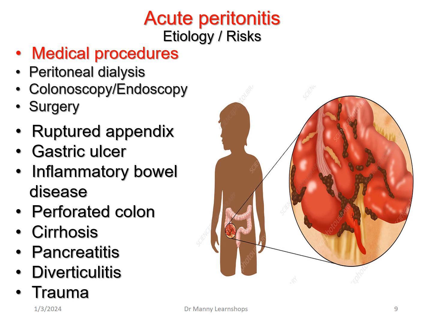Or it can be a ruptured appendix, appendicitis, a gastric ulcer, inflammatory bowel diseases, such as Crohn's disease, and even lupus. You can have a perforated colon, cirrhosis of the liver, pancreatitis, diverticulitis, and any form of trauma.